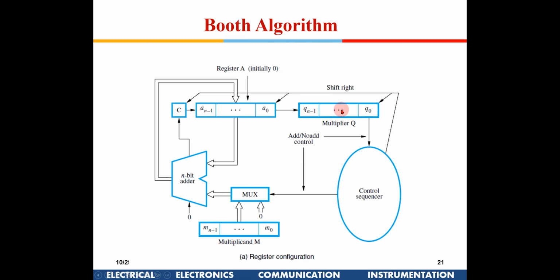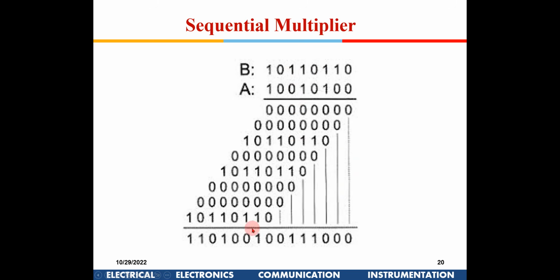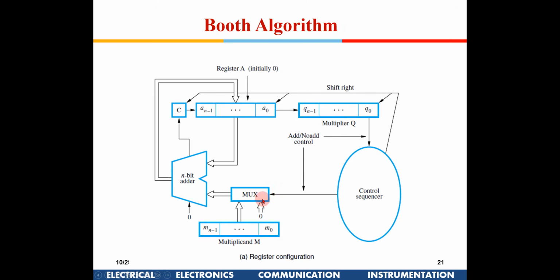That we are going to put it here, and we are going to take the LSB from here, and then we are going to keep shifting it and keep monitoring what that is. So depending on it, if it is 0, then I am going to add 0. If it is 1, I am going to add B. So this B is put here, right, and 0.